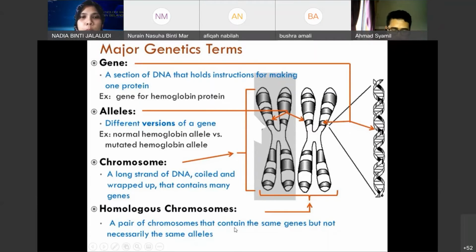And homologous chromosomes are a pair of chromosomes that contain the same genes but not necessarily the same alleles. It means they have the same gene, like the one coding for flower color earlier. Say here it codes for flower color. But we don't know whether both will code for purple flower or one will code for white flower. So it's either recessive or dominant.